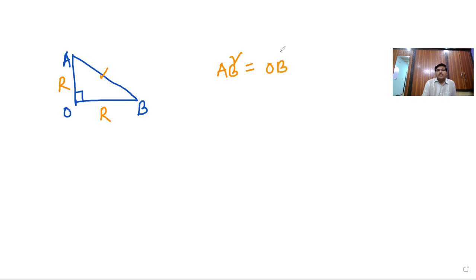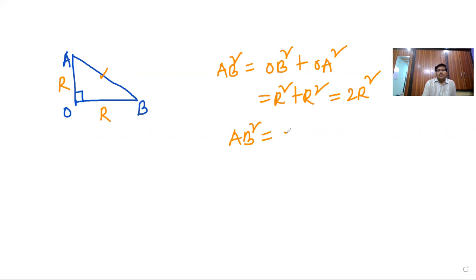So OB square plus OA square, R square plus R square, becomes 2R square. So AB square is 2R square, and AB is the square root of 2R square. This becomes root 2 into R.